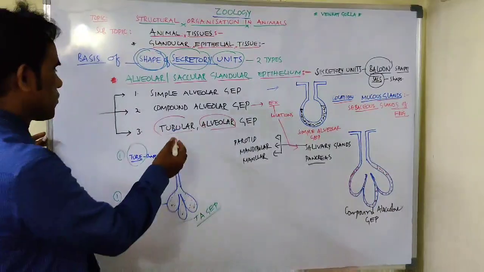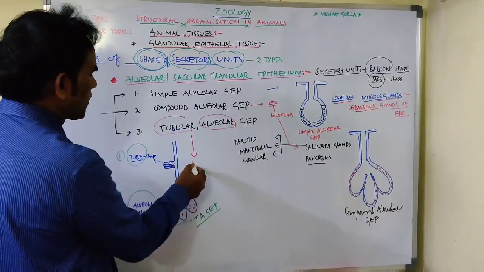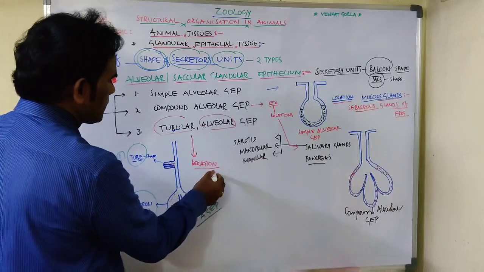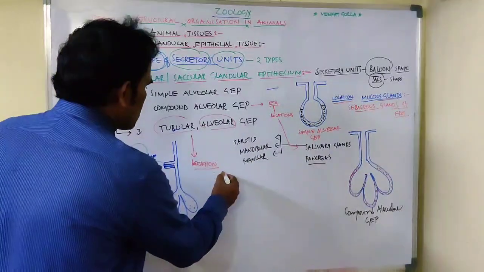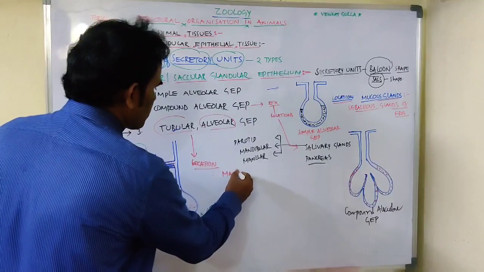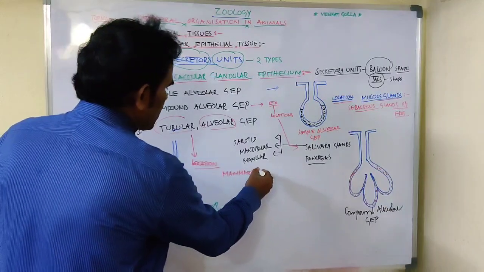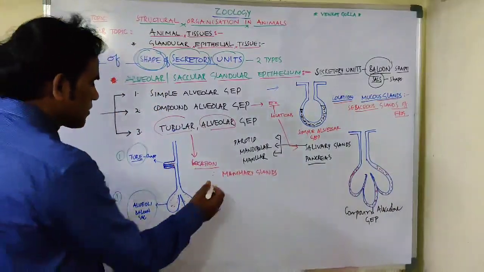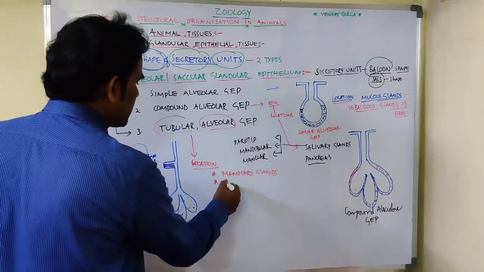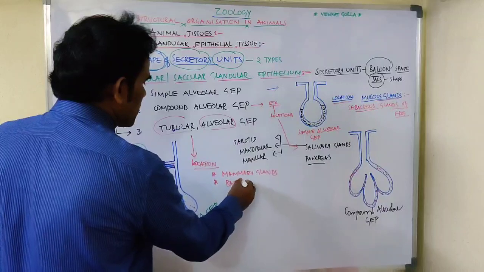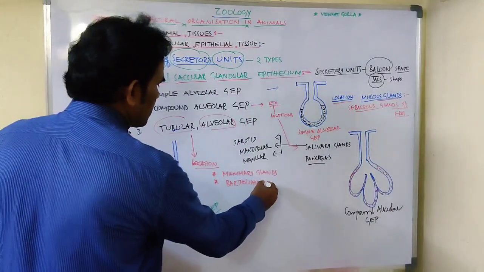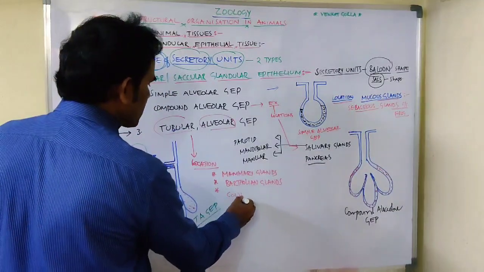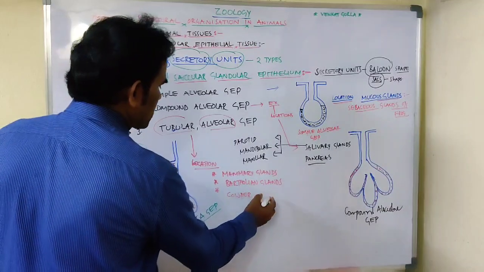And the location of this tubular alveolar glandular epithelium: they are mainly found in the mammary glands of mammals. Another example is Bartholin glands, and another example is Cowper glands, the bulbourethral glands.